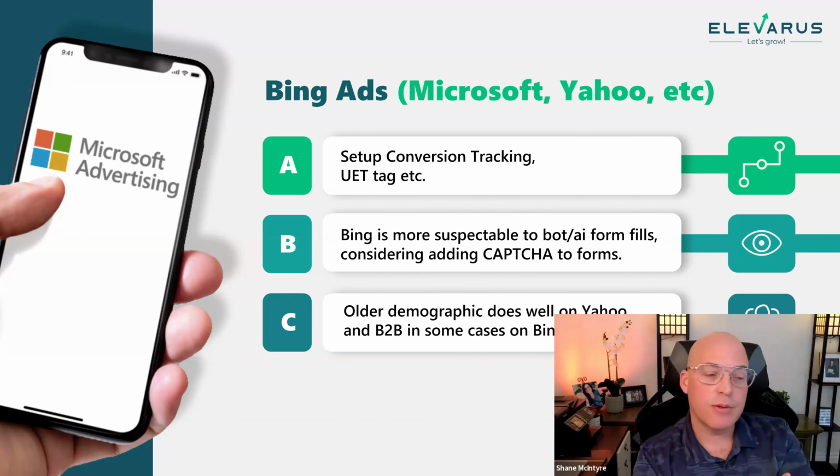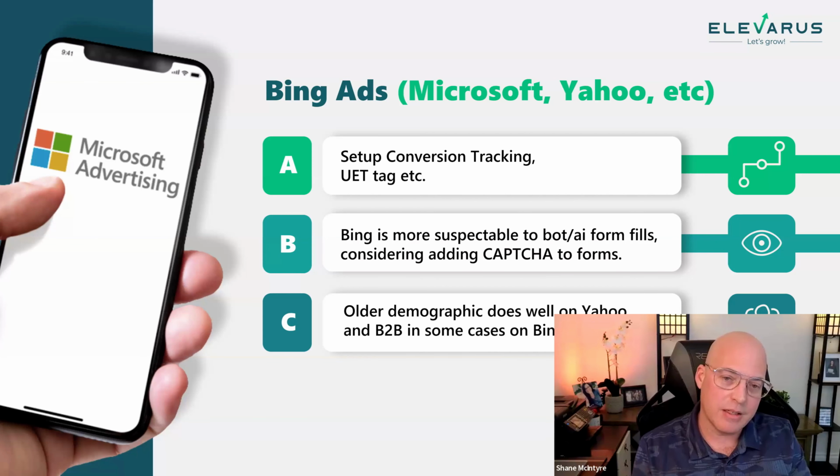Older demographics we've seen do better on Bing because it does include the Yahoo ecosystem. And B2B in some cases performs a little bit better on Bing. Microsoft is also part of LinkedIn, so there is some LinkedIn targeting data available on the platform.